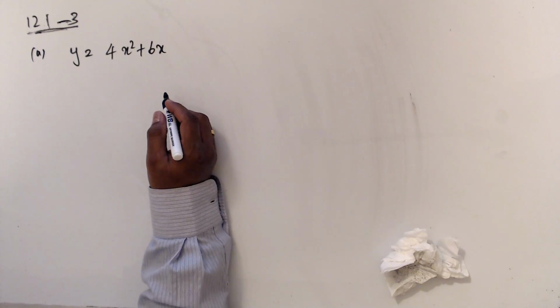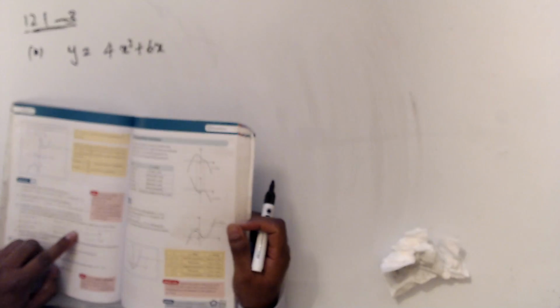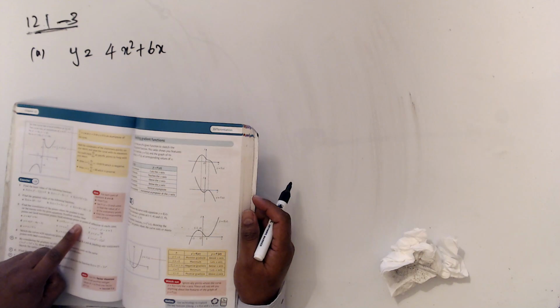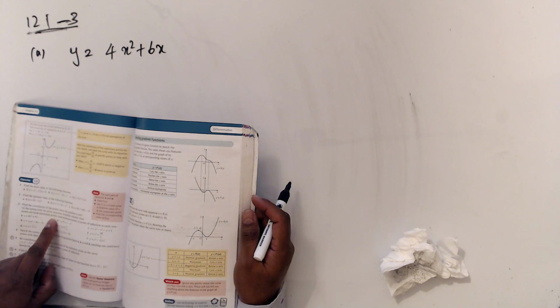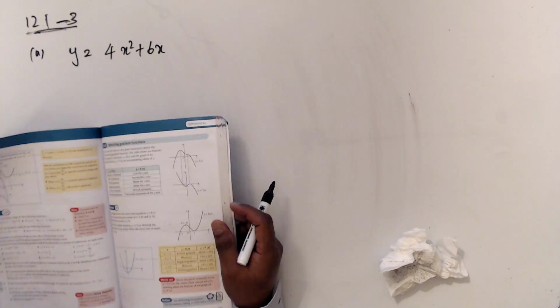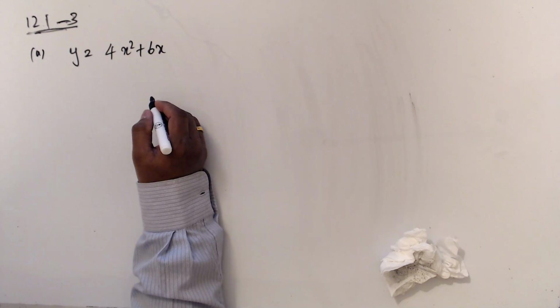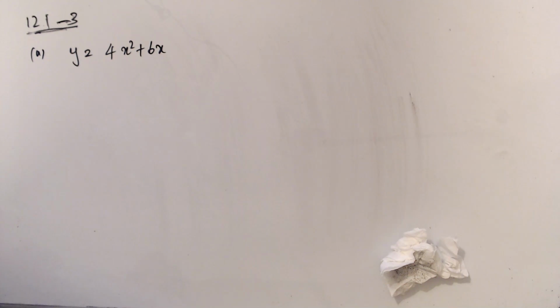Number 3. Find the coordinate of the point where the gradient is 0 on the curve with the given equation. Establish whether these points are local maximum, local minimum points or points of inflection. So now we need to find, first of all, the stationary point.